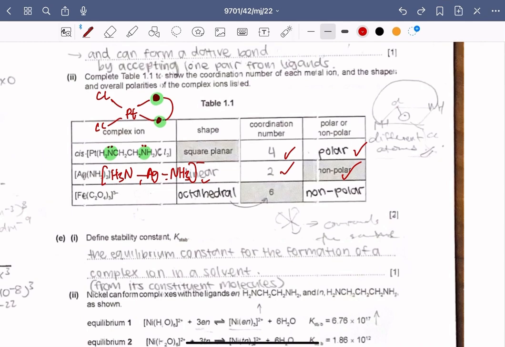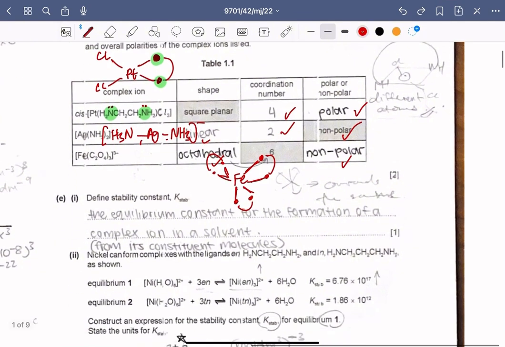Fe(C2O4)3 3- is actually octahedral because this Fe is going to form 2 bonds here, 2 bonds here and 2 bonds here. So the total coordination number is 6: 1, 2, 3, 4, 5, 6, and it's non-polar because it is going to be symmetrical.